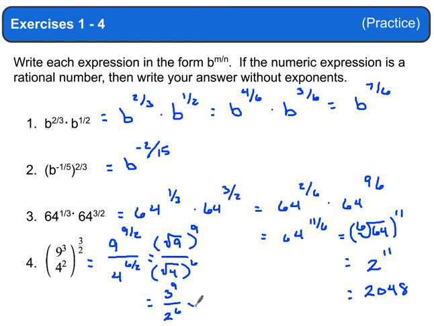So 3 to the 9th power ends up being, and again, you pick up a calculator for that, 19,683, and then 2 to the 6th power is 64. And that ends up being your final answer in that exercise.